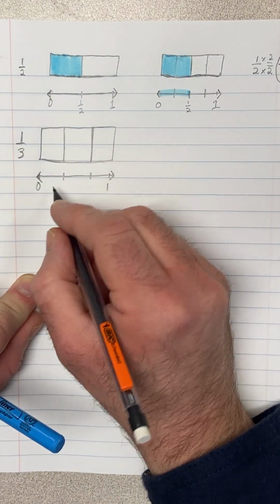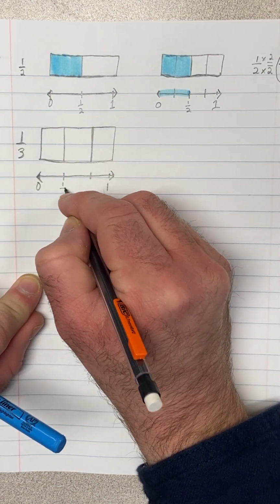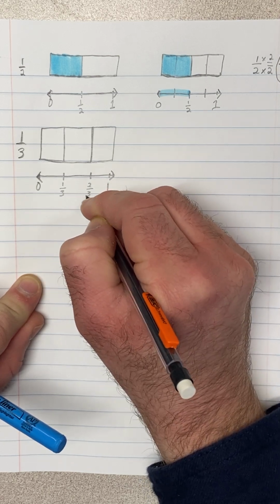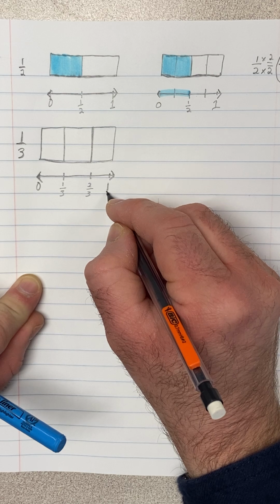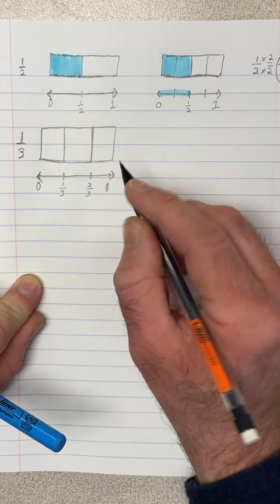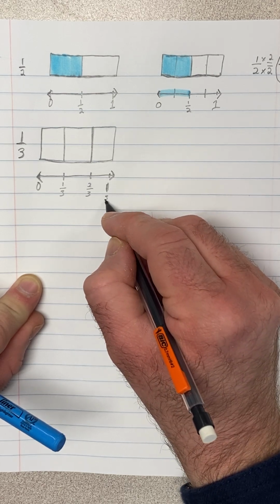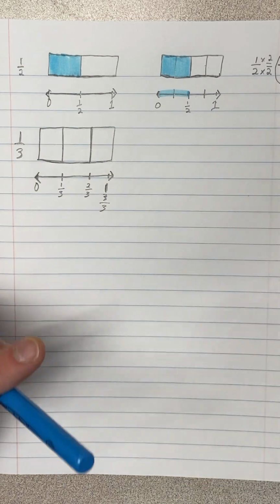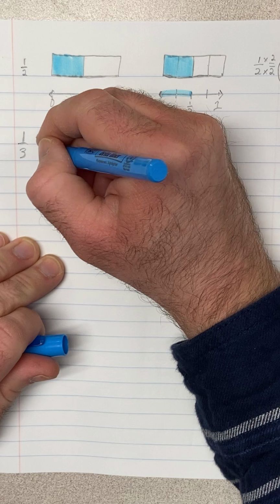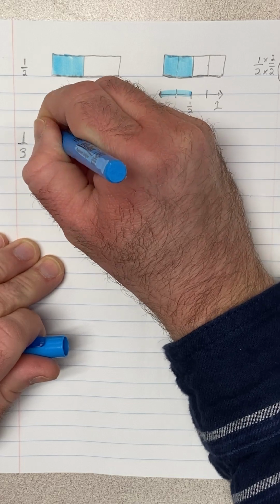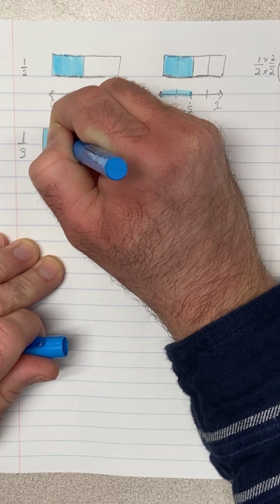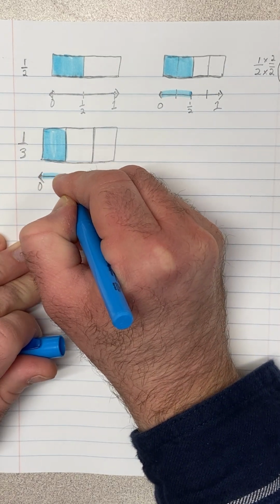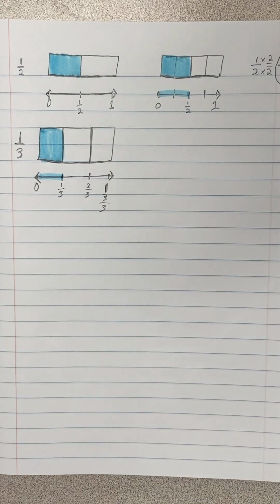I'm going to label my number line 1/3 and 2/3, and we know our whole could also be written as 3/3. So I'm going to shade in 1/3 of this area model blue, and then 1/3 of this number line blue.